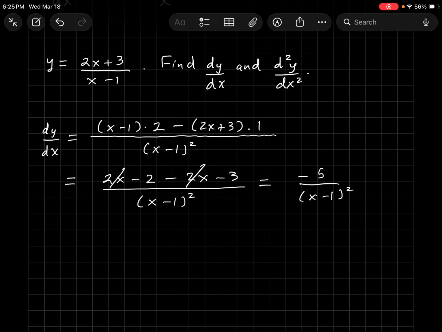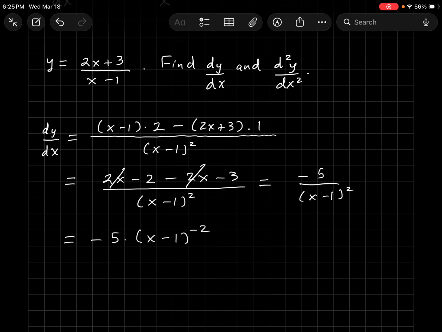Now this is a quotient, so we could do the quotient rule, but I prefer to do the simplest rule whenever I'm doing derivatives, which means I'm going to rewrite my derivative as negative 5 times x minus 1 to the negative 2.